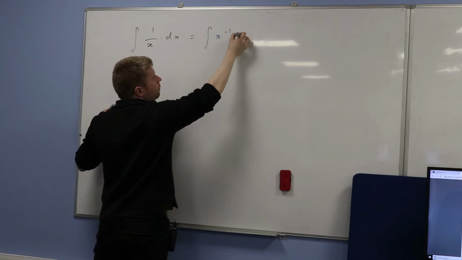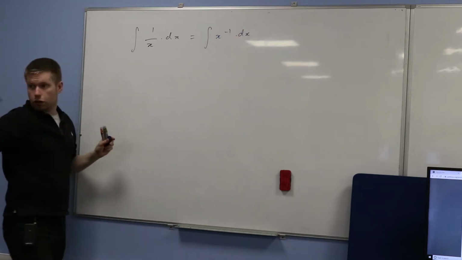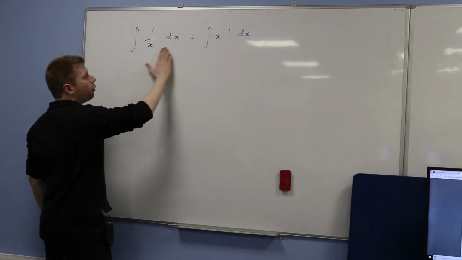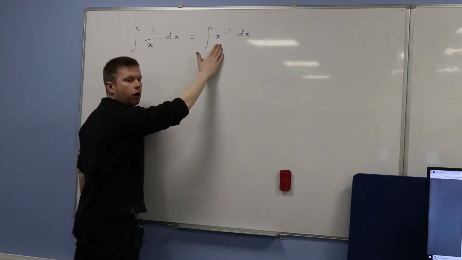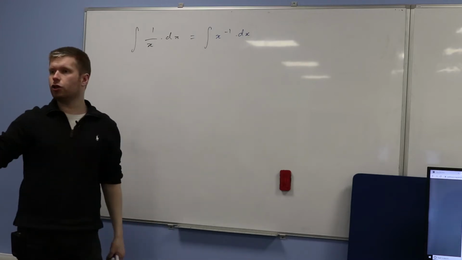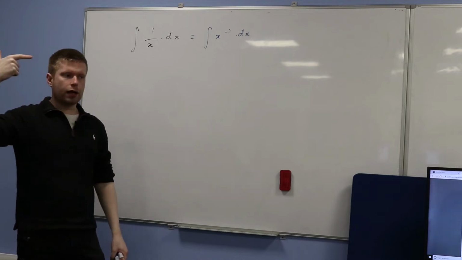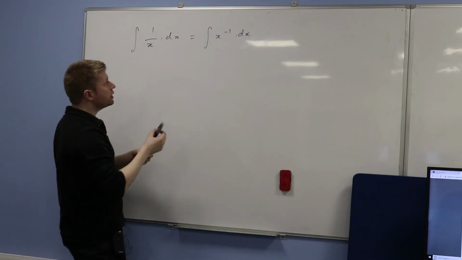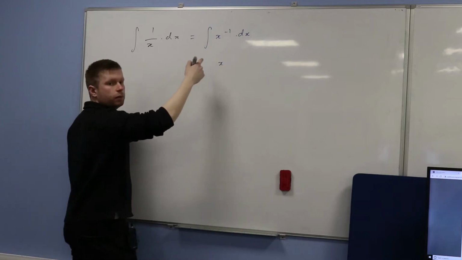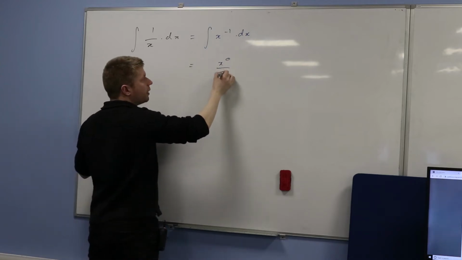So if this was a polynomial, it would become x to the power of negative 1. All I need to do is raise the power by 1, then divide by that new power. So let's give it a go. Raise the power by 1, I get 0, okay? And then divide by that new power.